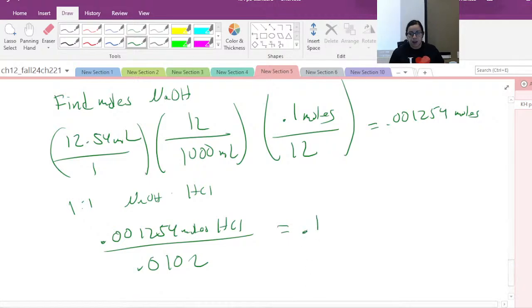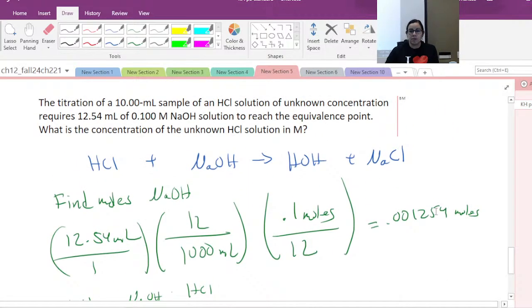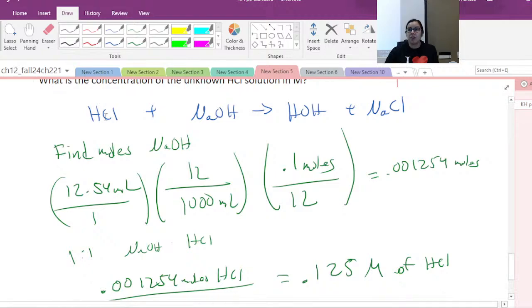So then we have a 0.125 molar solution of HCl. Does that make sense to everybody? Yeah.